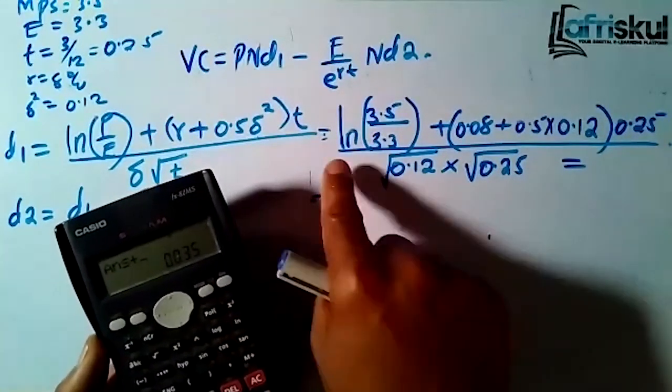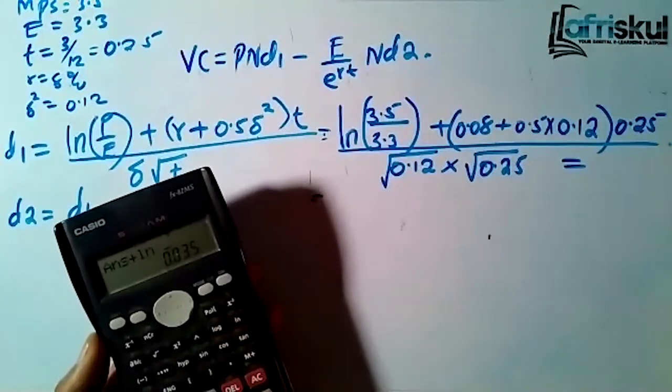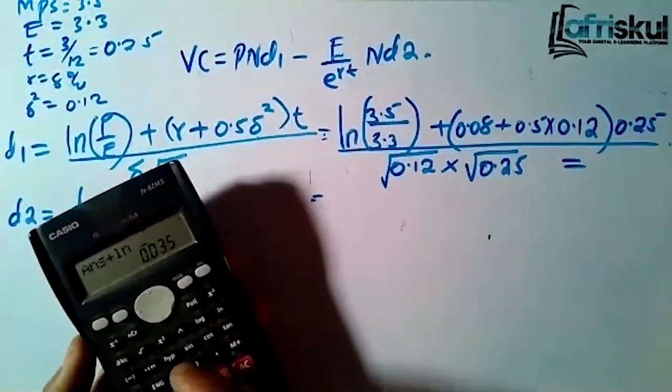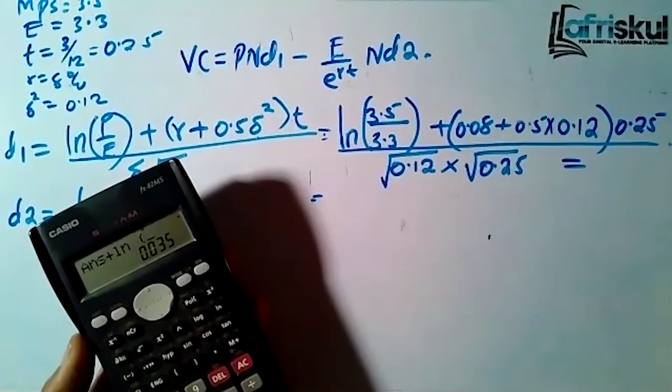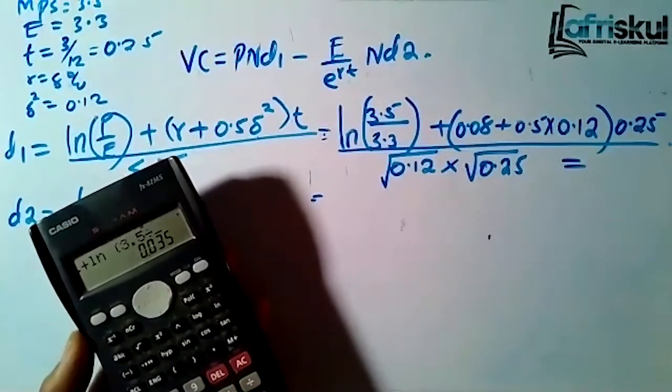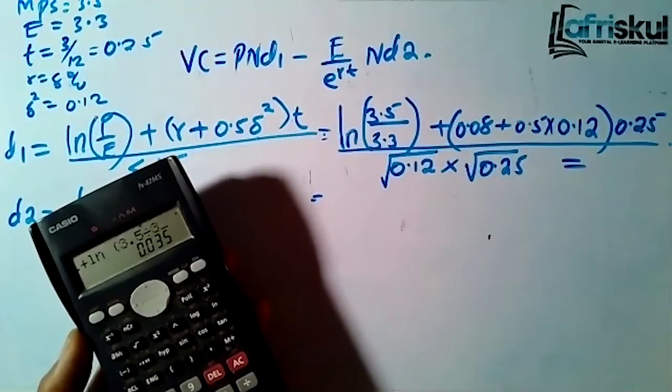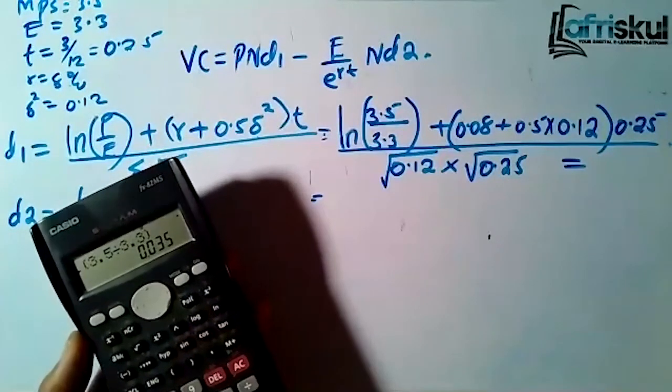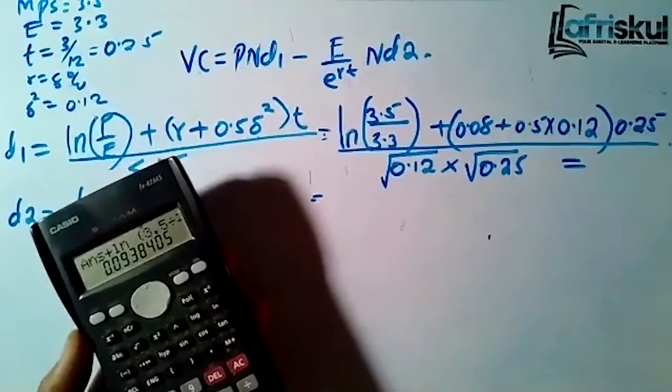You put the natural log, then you open the bracket. From there, you take 3.5, you divide by 3.3, then you close the bracket, equals.